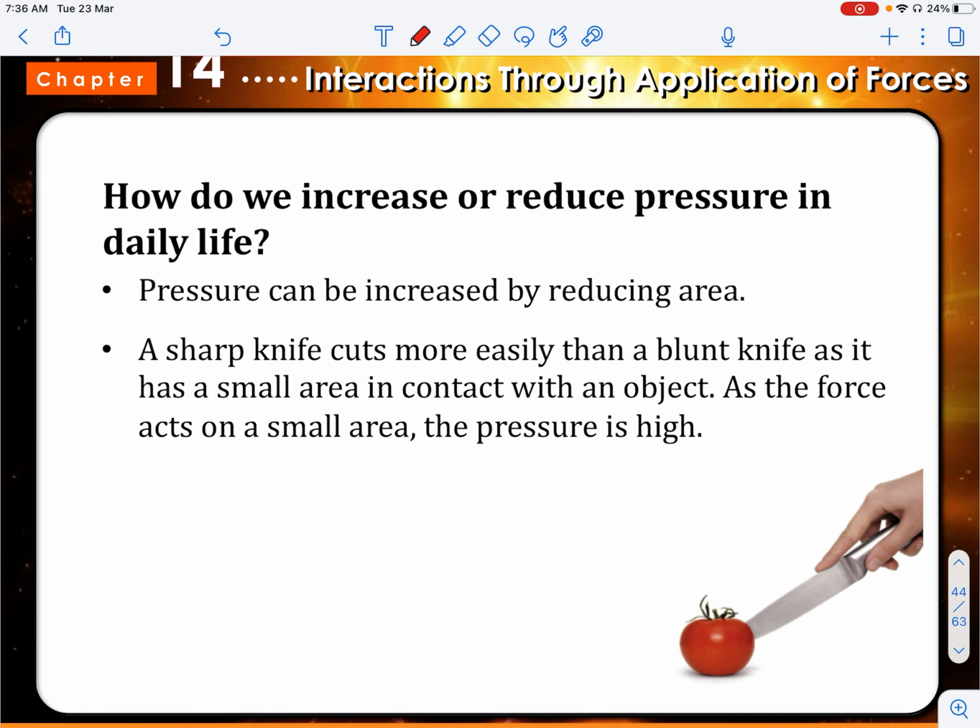So how do we increase or reduce pressure in our daily life? When you cut, if you use a very blunt object, you will not be able to cut things. However, if you use a very sharp object, you will be able to cut things easily.